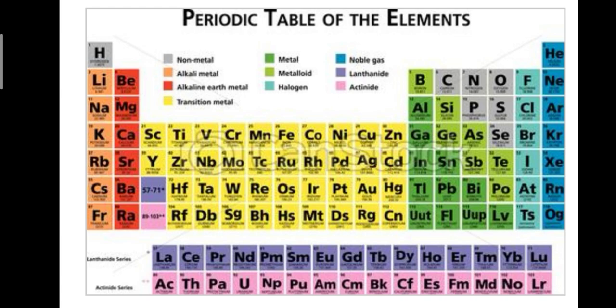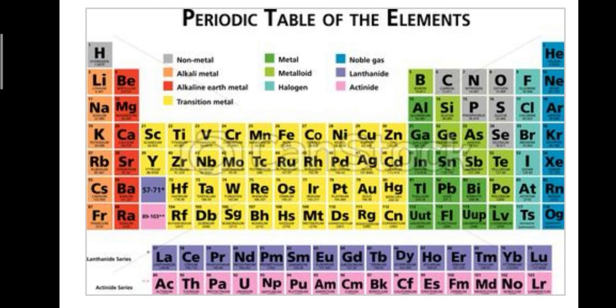So here you will see this is the periodic table, where 118 elements are properly and perfectly fixed and given a particular position. So this is how each and every element has a fixed position in the periodic table.